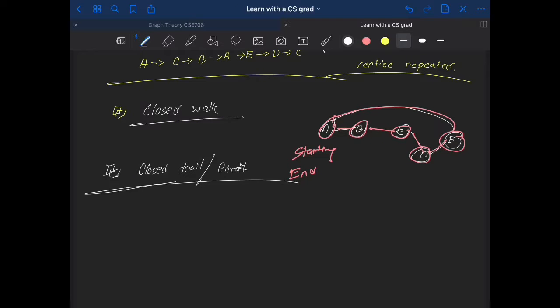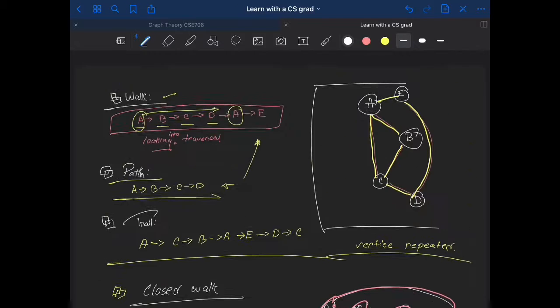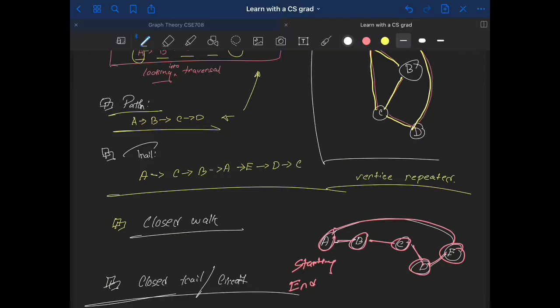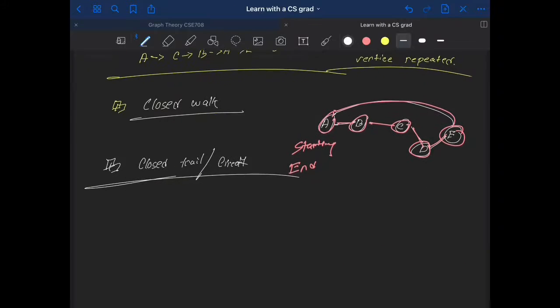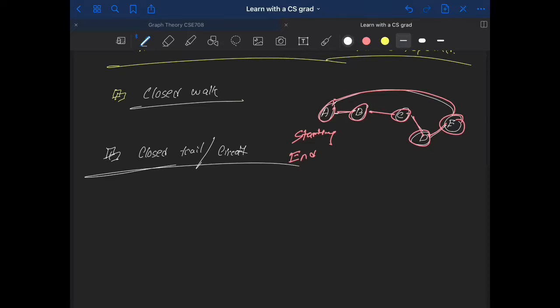Now, in a closed trail or circuit, if you remember from trails, we cannot have edges that are repeated. So this is the same thing. Let's look at another example. Here we can go from A to B to C, and from another path we go back to A. So this is a closed trail, which is also called a circuit.